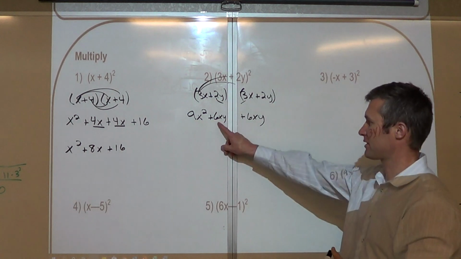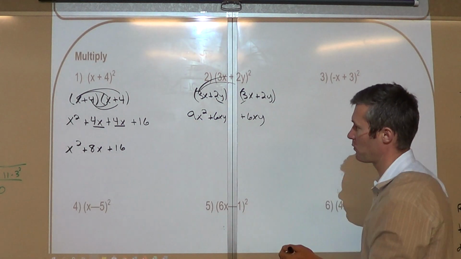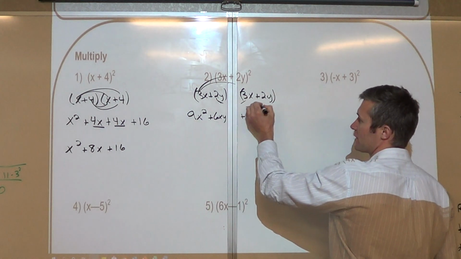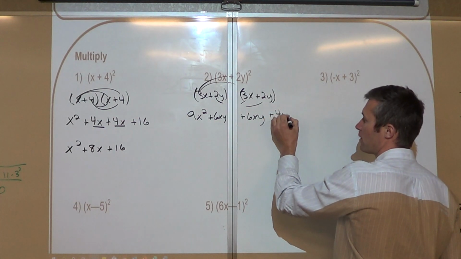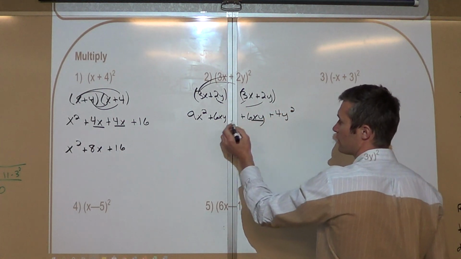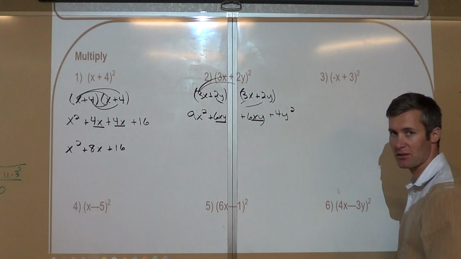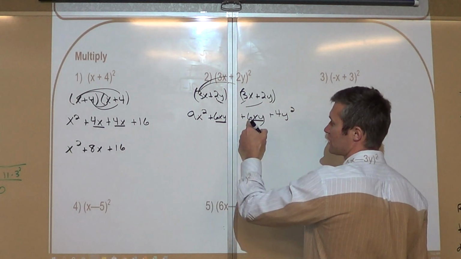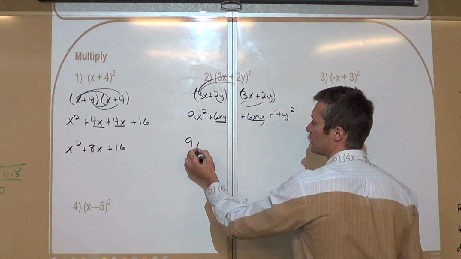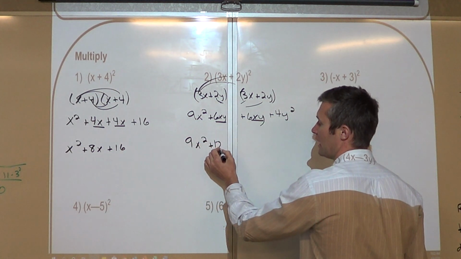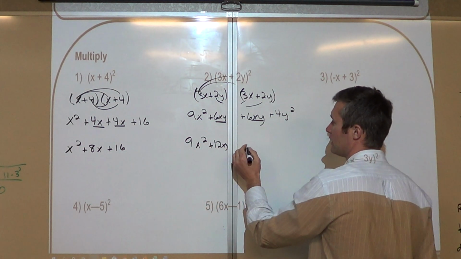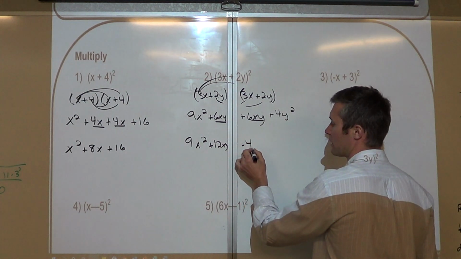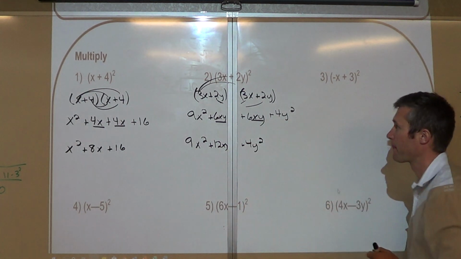I would keep these the same. If you did yx, then leave them yx. And then 2y times 2y would be 4y squared. Those terms are alike. They both have an x, they both have a y, they both have exponents of 1 on them. So 6 plus 6 is 12xy, and then plus 4y squared.